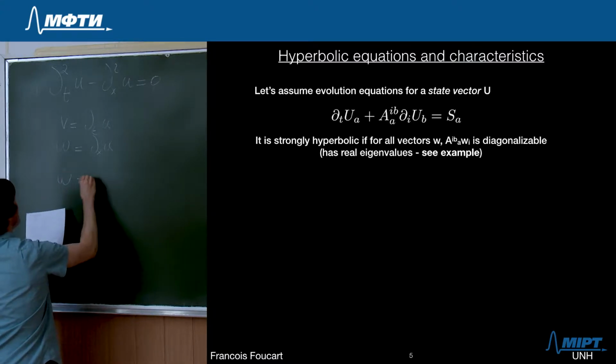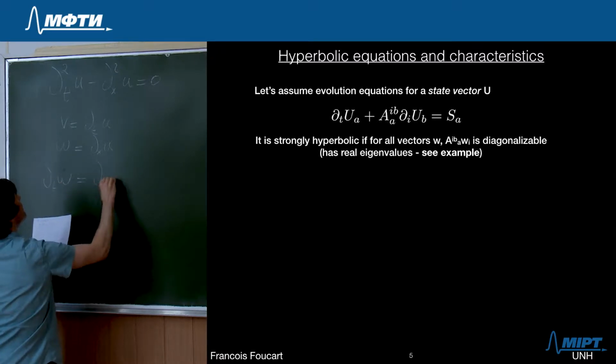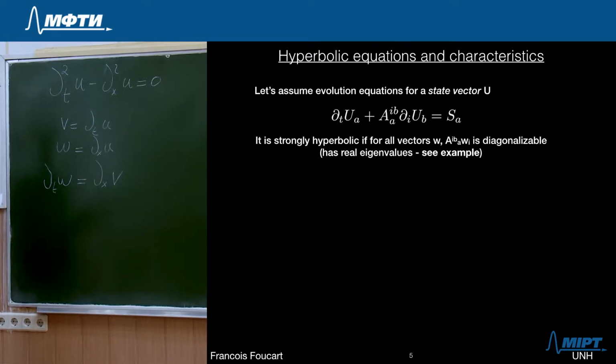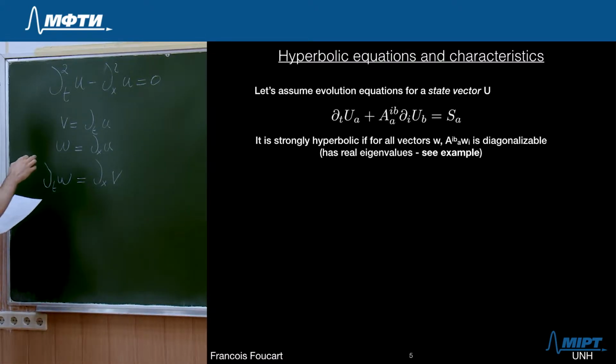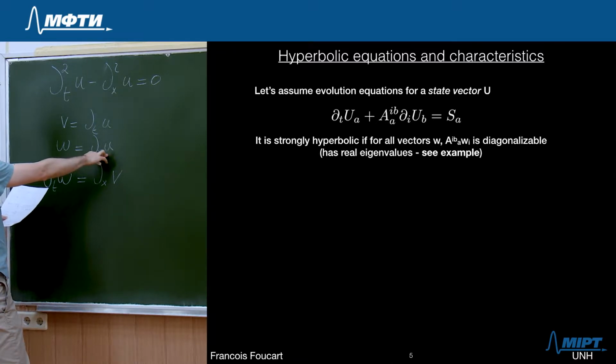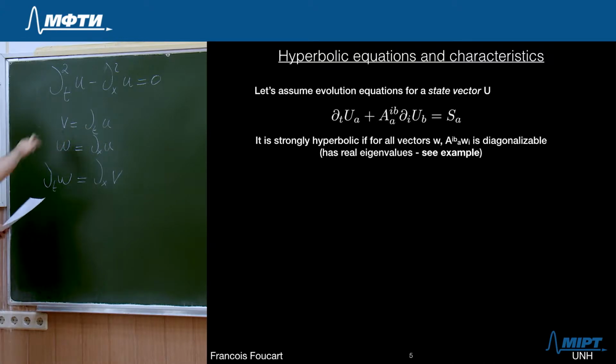So my equations now are: delta t of w is delta x of v. This is saying that the time derivative of w is the time derivative of the spatial derivative of u, which is also the spatial derivative of the time derivative of u, which is the spatial derivative of v.